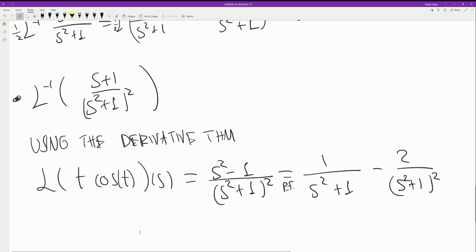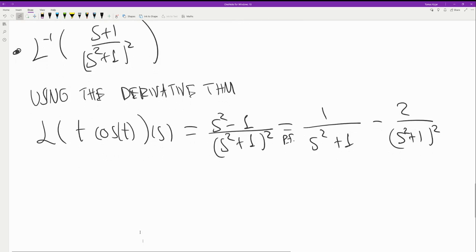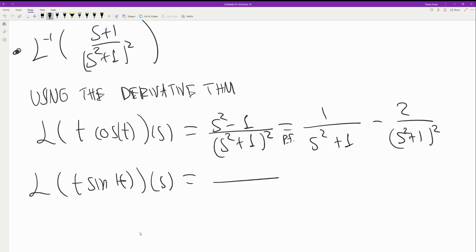Okay. And let me write for sine as well, just for completeness. Laplace transform of t sine t is 2s over (s squared plus 1) squared. Okay, good.